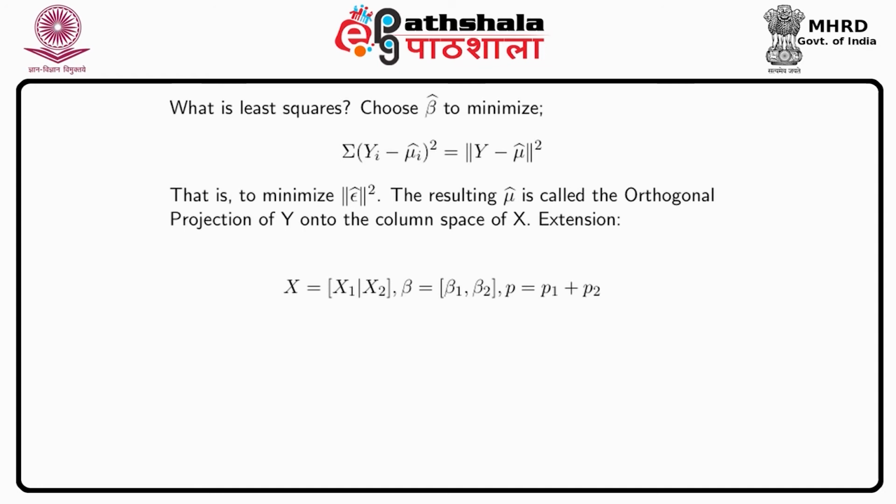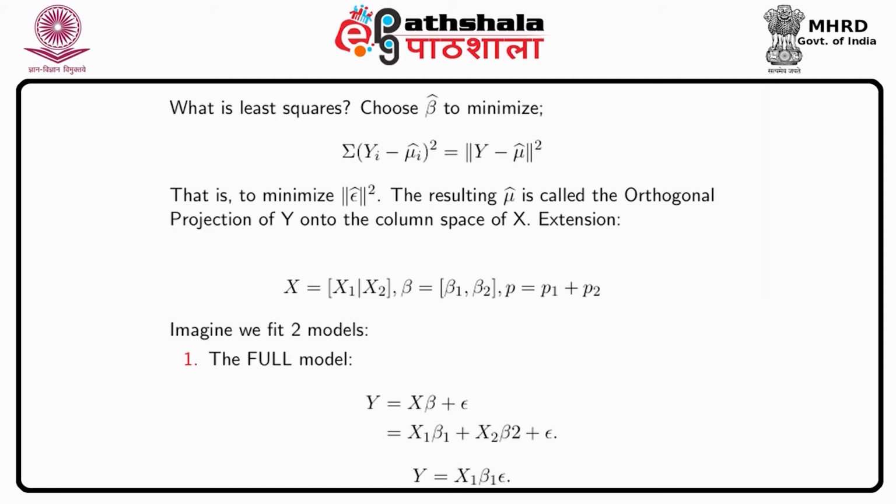Now, as an extension, if we have two models, we can write them together, or if we have a whole model, we can reduce it to two partitioned models by using the technique of partitioning of vectors and matrices. Suppose X is the design matrix which we partition into two matrices x1 and x2, and we partition the beta vector as beta 1 and beta 2.